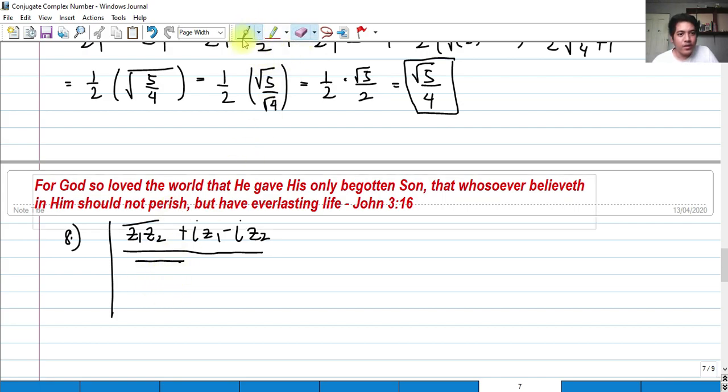We just rewrite this: z sub 1 plus z sub 2, then plus the conjugate of the product of z sub 1 and z sub 2.